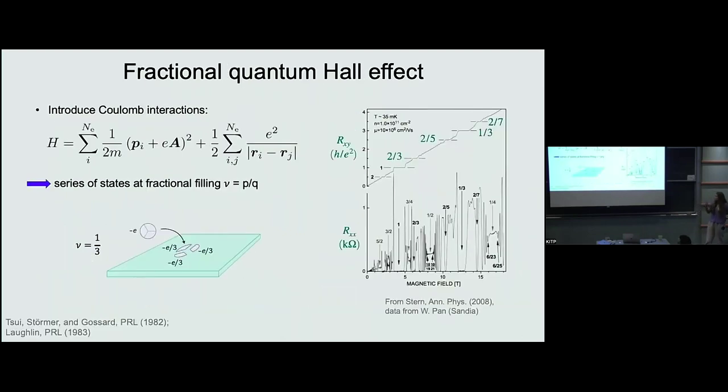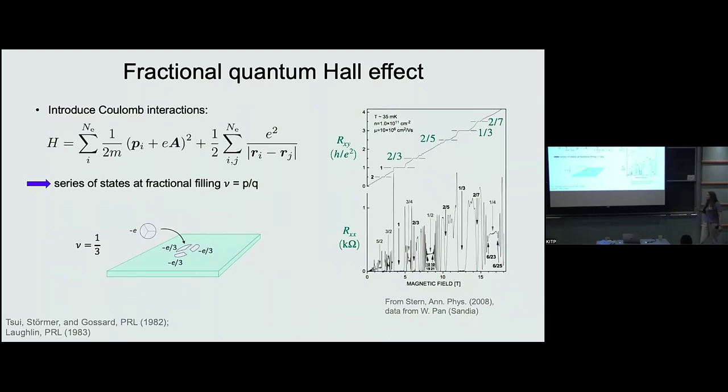Okay, so more interesting, of course, is what happens when we add interactions. Here I've just sketched out a Coulomb interaction. And there you start seeing quite similar physics, these same plateaus, but now occurring at fractional fillings. So again, this is the nu equals 1 plateau, that's 1 fully filled Landau level, but now we have 2/3, 2/5, and a large plateau at 1/3 that are being seen as well, provided your sample is sufficiently clean.